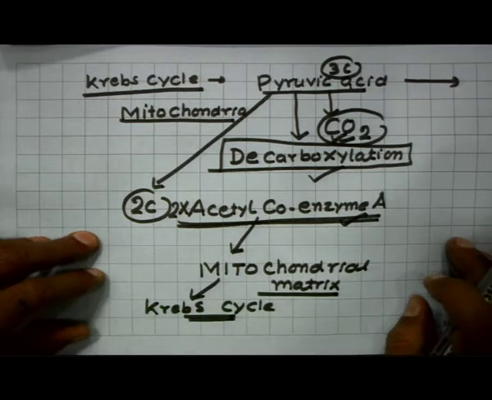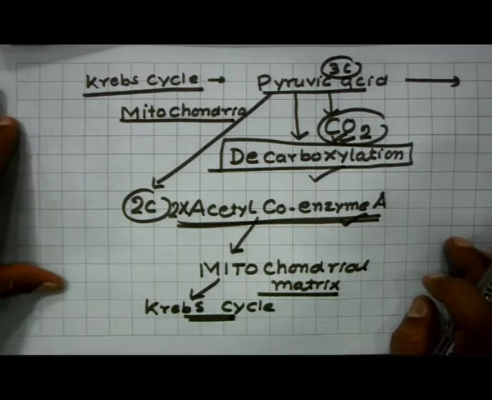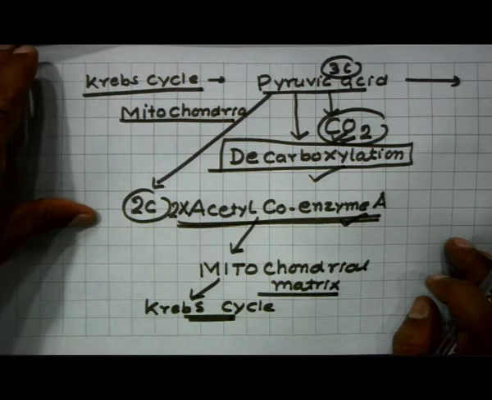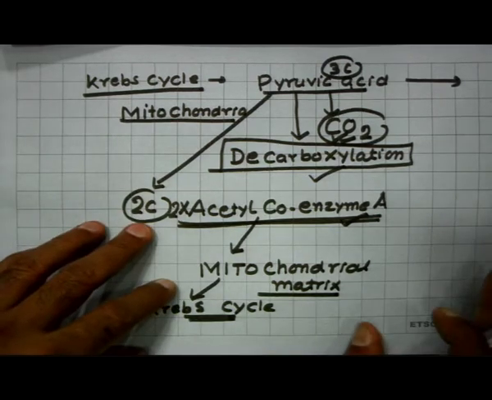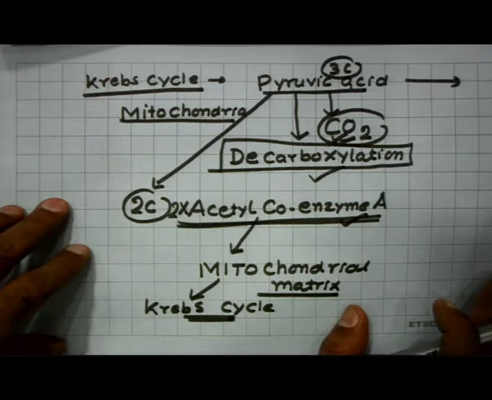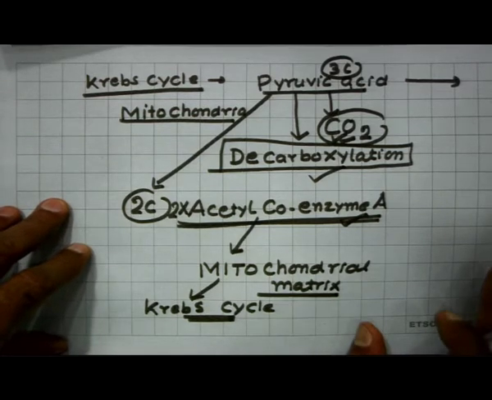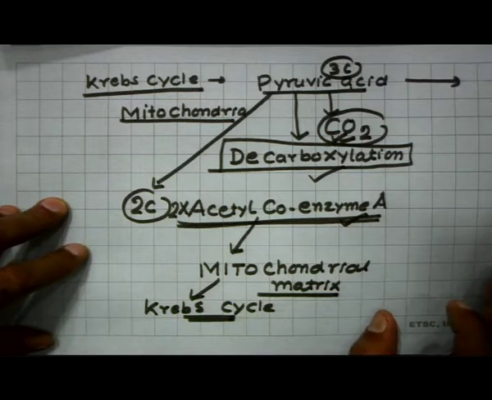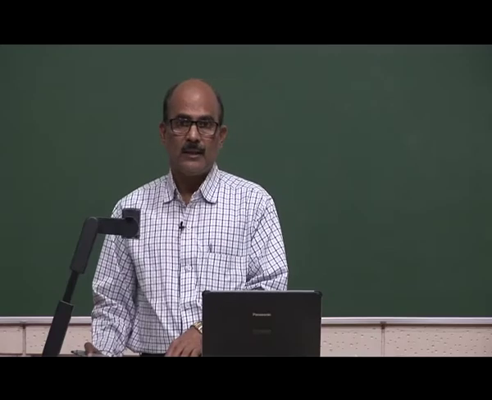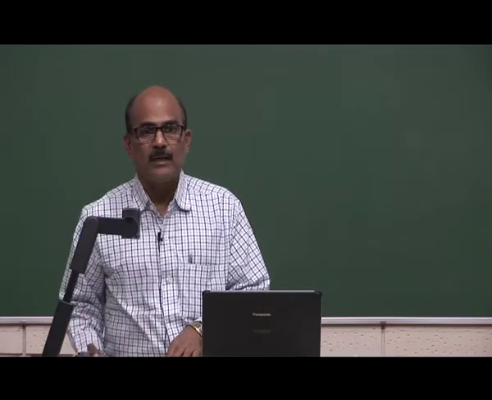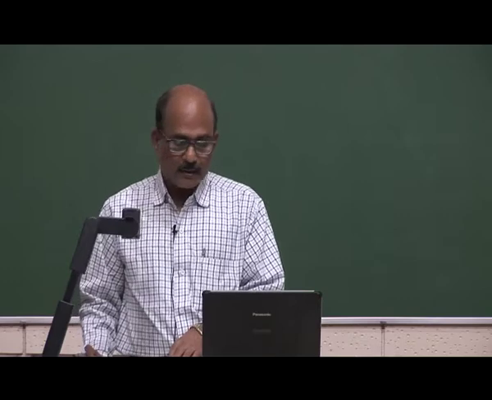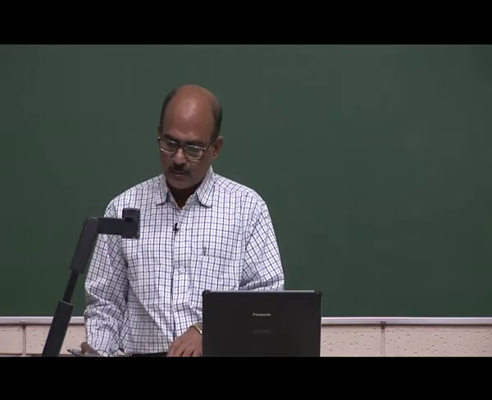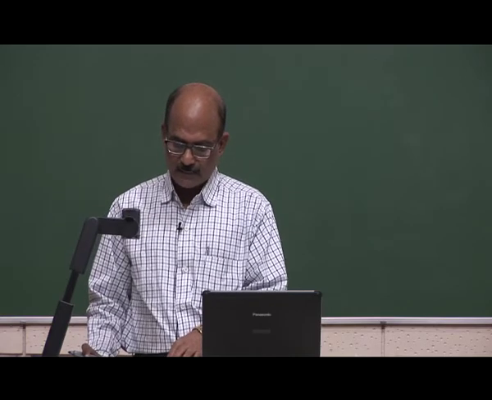So the pyruvic acid, which is the product of glycolysis, does not directly enter into the mitochondria. Before the Krebs cycle, pyruvic acid first undergoes decarboxylation, and the conversion of pyruvic acid into acetyl coenzyme A takes place.